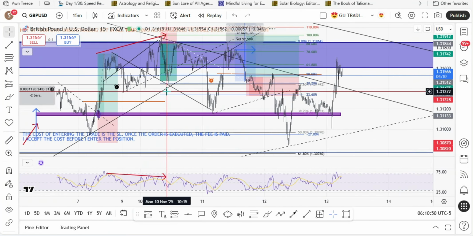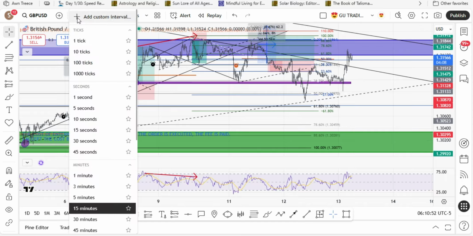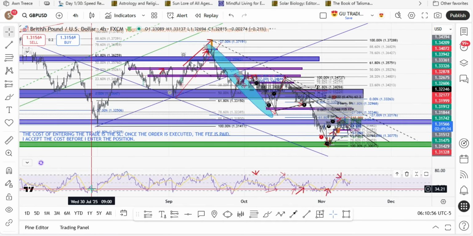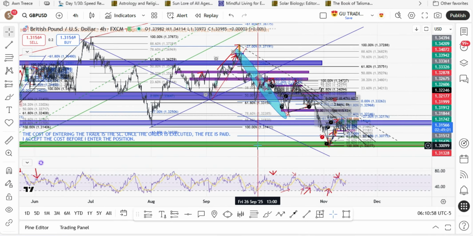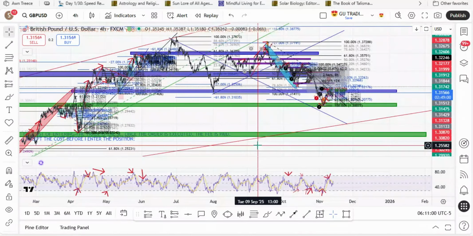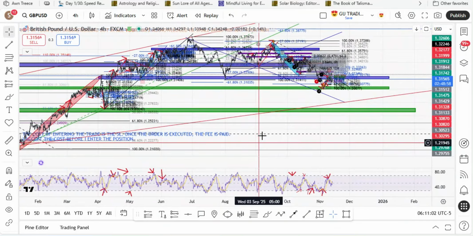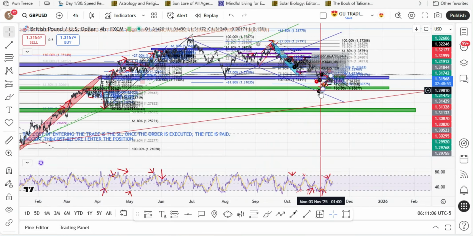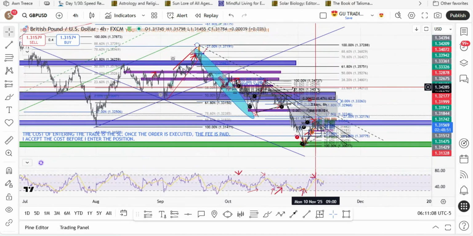All right, so starting with GU, let's go ahead and go to the 4 hours, do our daily analysis. 4 hours still hasn't surpassed this lower low.